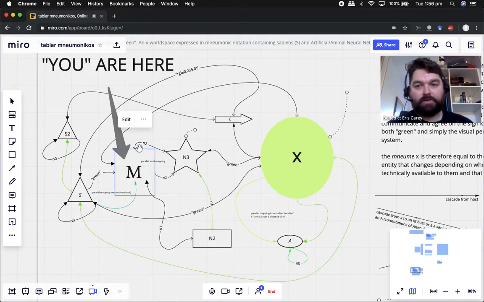First order being just the fundamental mnemonic, and then we have these two others, N2 and N3, and that forms a loop within M.